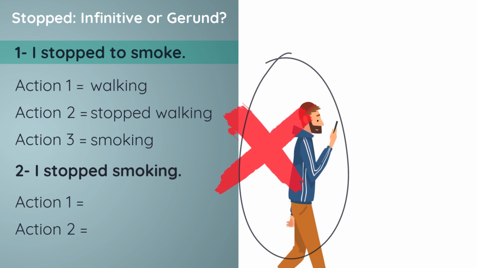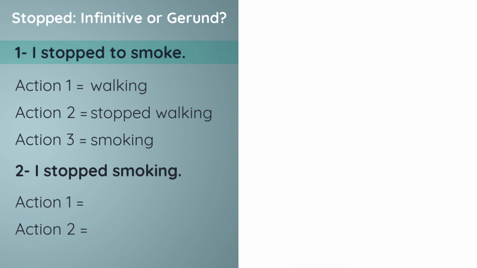Okay? So this is different than I stopped smoking. This is an example of the gerund. We have our ing. You'll notice the subject, I, the first verb, stopped, and the second verb, smoking. ing is key here. Okay, so what is the first action?